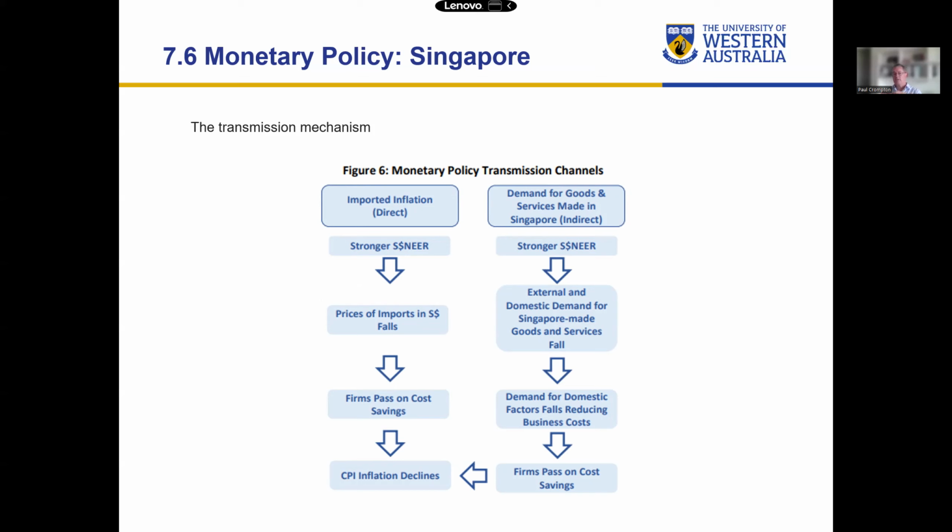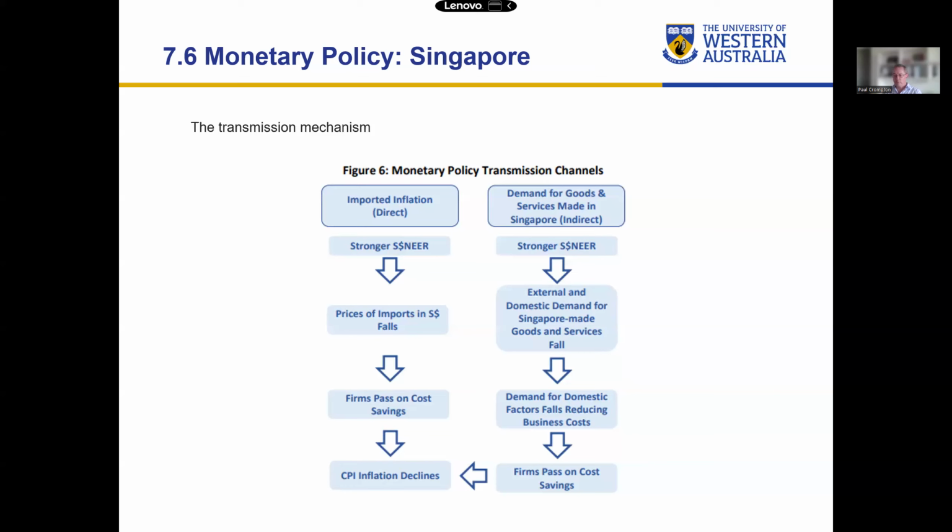You may be able to reduce the price you pay for some inputs, because there just isn't the same demand for the inputs that you use in producing final goods and services in Singapore. So maybe the prices of those inputs will fall a little bit. So domestic production costs might fall a little bit as you produce less domestic production in Singapore because of the exchange rate appreciation.